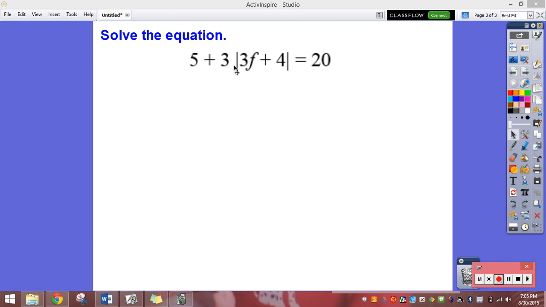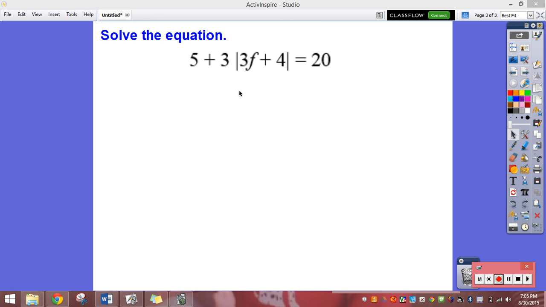And so if I were plugging in a number for f and evaluating this, I would have to do 3 times whatever I get in the absolute value before I can add the 5. And so what that means when I'm solving is that I can't combine the 5 and 3. I have to use division to move the 3 to the opposite side, because I have to multiply it first according to the order of operations.